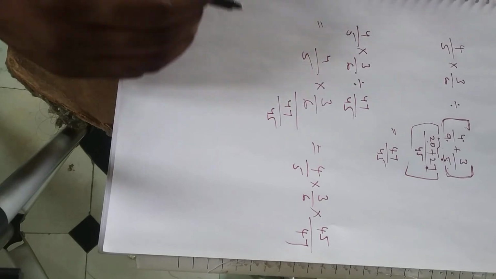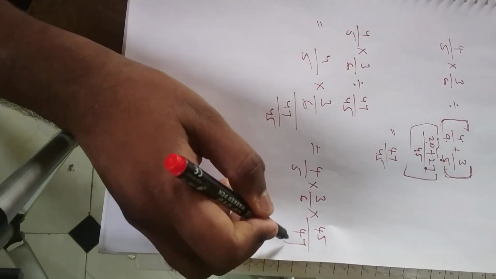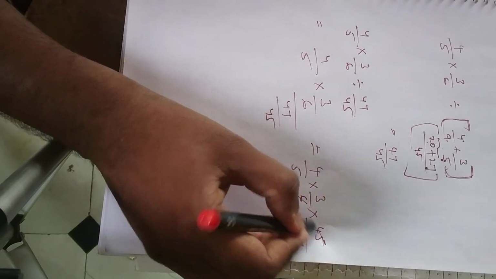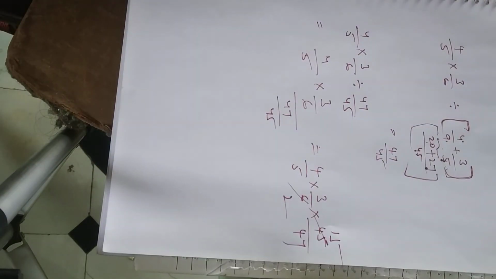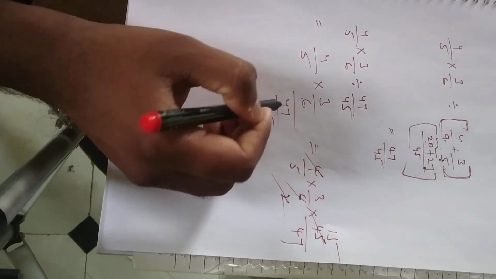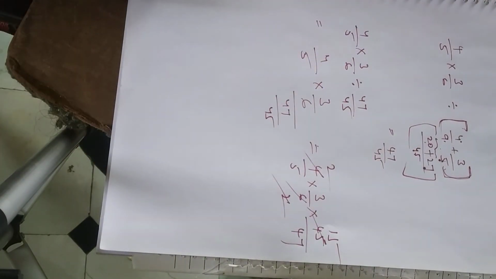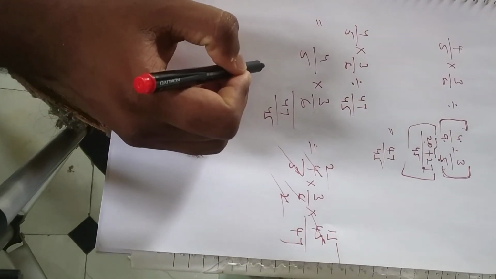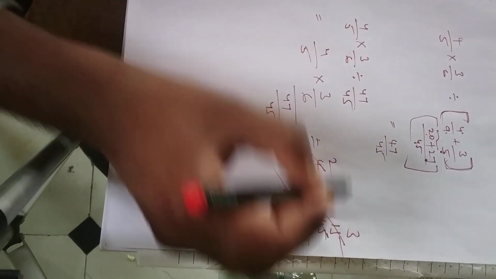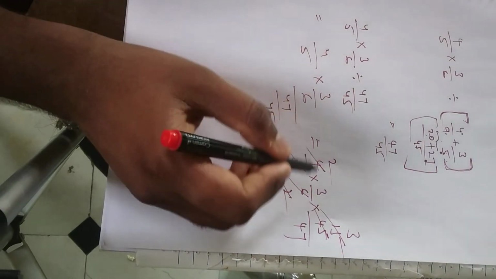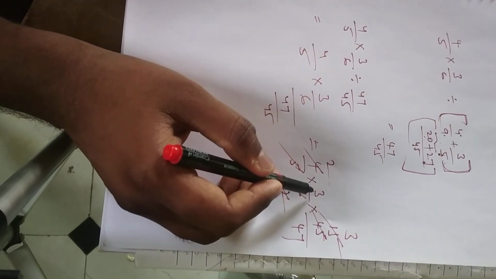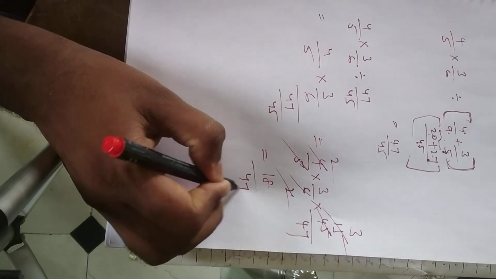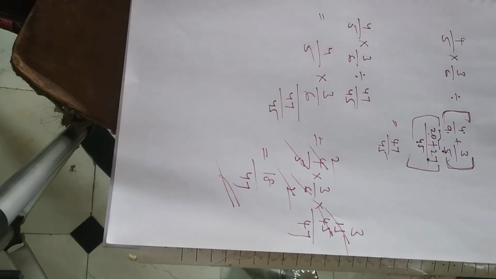Now the value is: 3 twos are 6, 3 fifteens are 45, 2 ones are 2, 2 twos are 4. 5 ones are 5, 5 threes are 15. It is like 2 into 3 is 6, 6 into 3 is 18 by 47. That is the final answer.